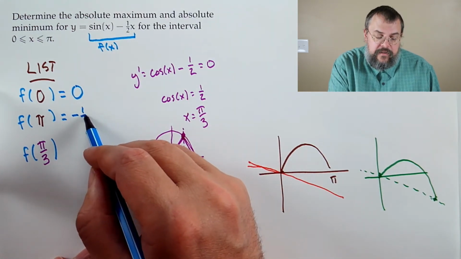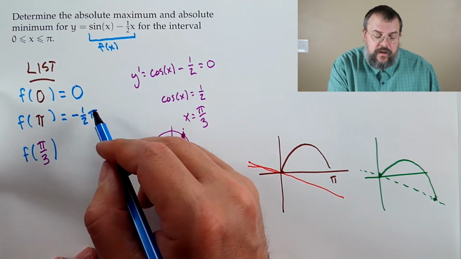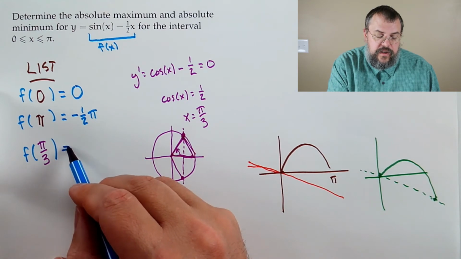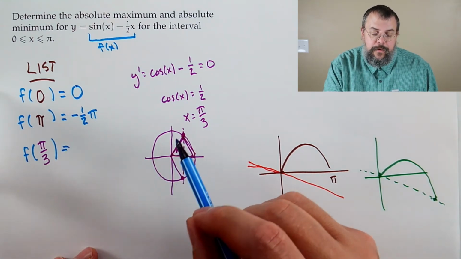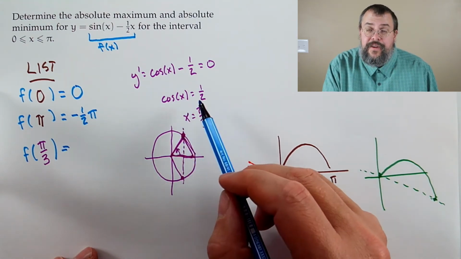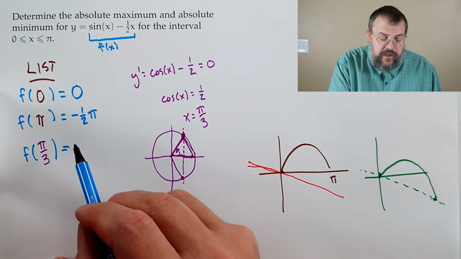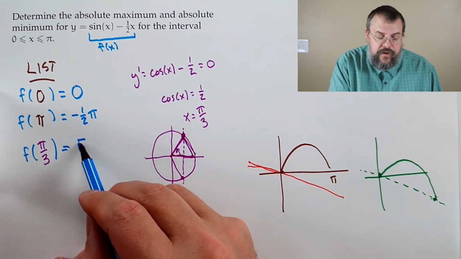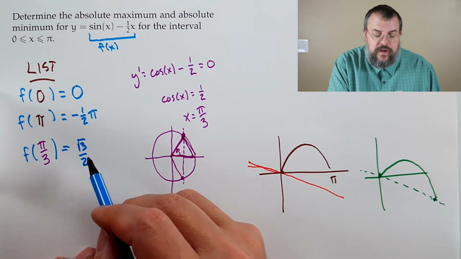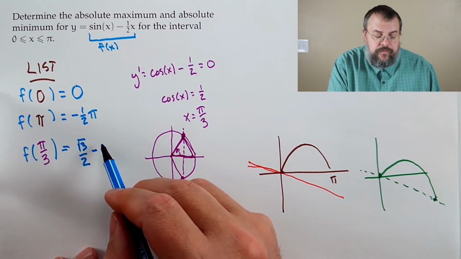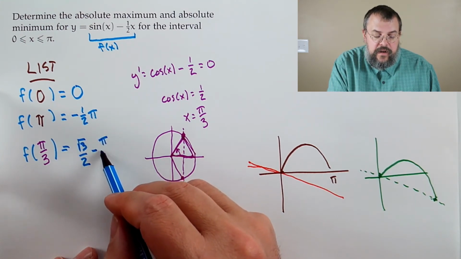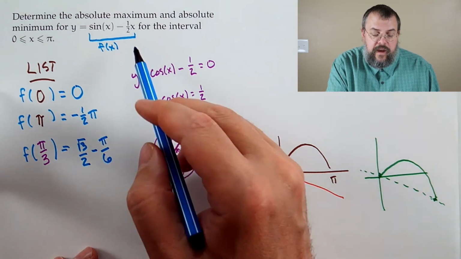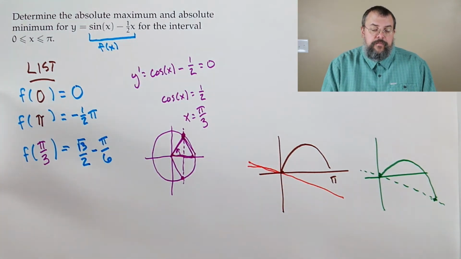Don't forget the negative. All right, good. Pi thirds. Well, we said cosine of pi thirds equals 1/2. So sine of pi thirds is the square root of 3 over 2. And then we subtract pi over 6, because that's 1/2 times pi thirds.